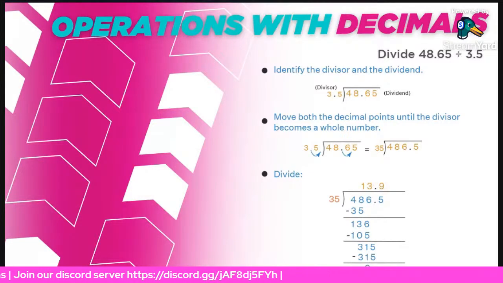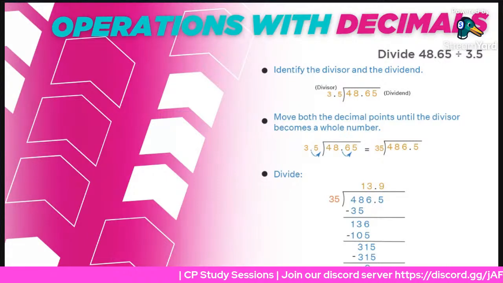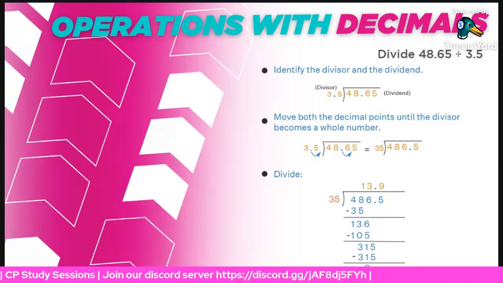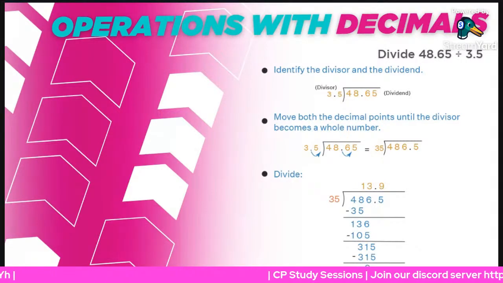Therefore, we'll have 31. So, ibababa natin ang final digit, which is 5. So, we will have 315. Ilan ang 35 at 315? So, 9. 9 times 35 is 315. So, subtract natin hanggang sa maging 0 na siya. Therefore, ang answer natin is, ano ang final answer natin?